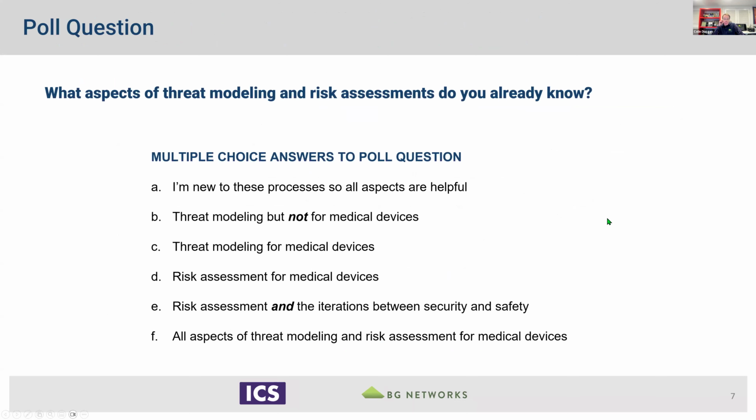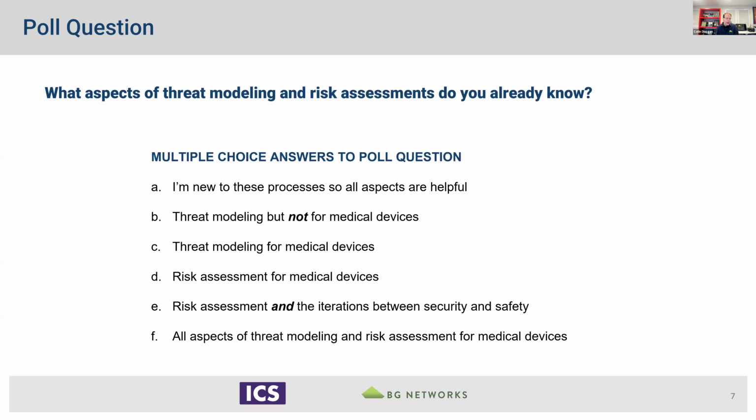We have a poll question, and it's just to get a little bit of sense of where people are. I suspect that there'll probably be kind of a wide distribution. But the poll question is for you to answer now, if you don't mind. And the question is, what aspects of threat modeling risk assessments do you already know?